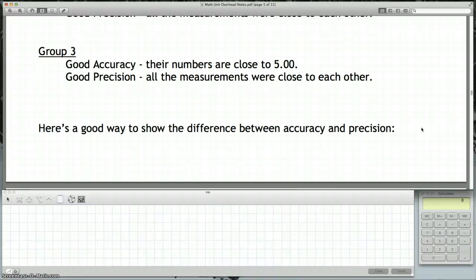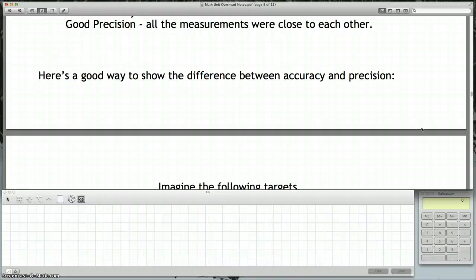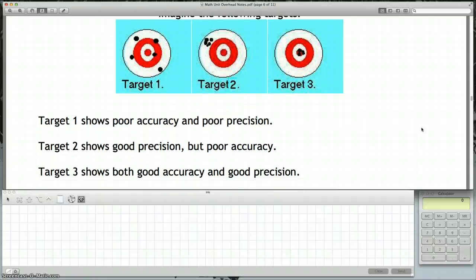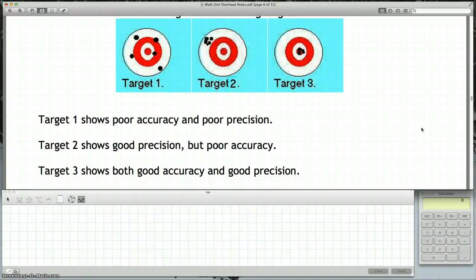A good way to remember this, and I believe this is in your book too, they have a similar diagram. If you're throwing darts, target 1, they're all over the place, and they're not near the bullseye, which is what we consider the correct answer. So, poor accuracy, poor precision. Target 2, they're really close to each other, but they're not close to the bullseye.